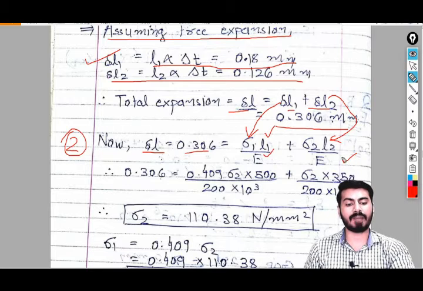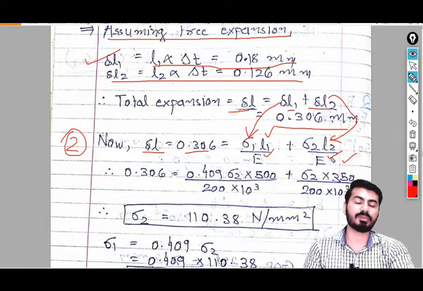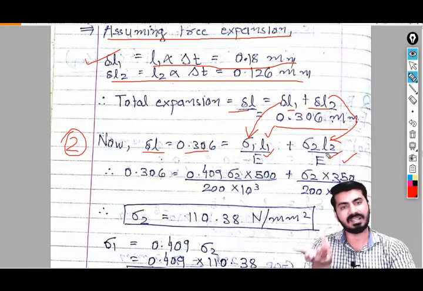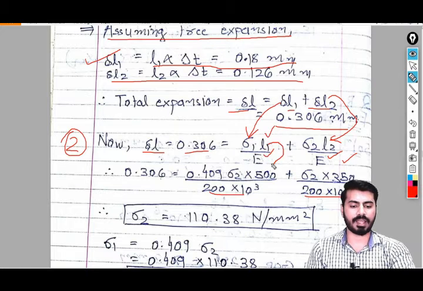E for both the bars is the same, because they have not mentioned that the bars are made up of two different materials. So we are assuming that the material for both the bars is the same. So E is provided. And as you can see, if you put the values of L1 and L2, the only values remaining are sigma 1 and sigma 2, which are unknown.